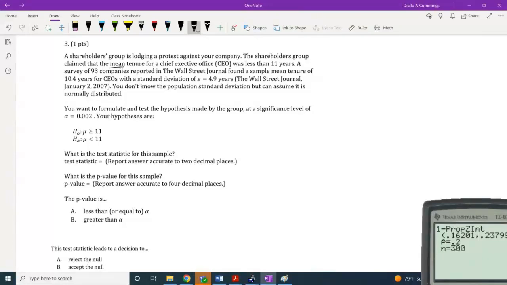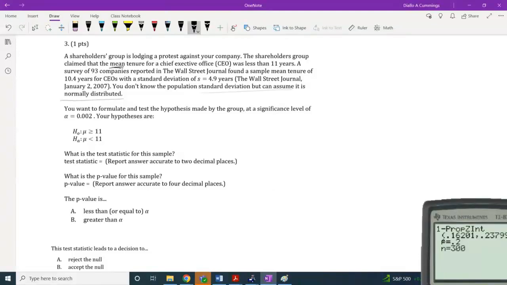A survey of 93 companies reported in the Wall Street Journal found that the sample mean tenure was 10.4 years for CEOs with a standard deviation of 4.9. The Wall Street Journal, from its issue January 2nd, 2007. You don't know the population standard deviation, so this is what alludes to the T stuff. But we can assume that it's normally distributed.